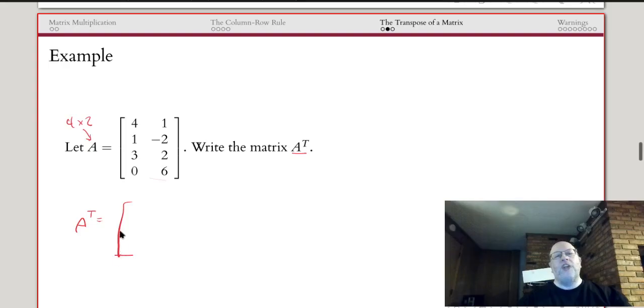So I'm going to change the layout of the matrix but not do any math to it, so that the column 4, 1, 3, 0 is now a row and the column 1, -2, 2, 6, that's also a row. And now the matrix is a 2 by 4 matrix. We're not changing the information, the data in the matrix, we're just changing the way it's laid out.